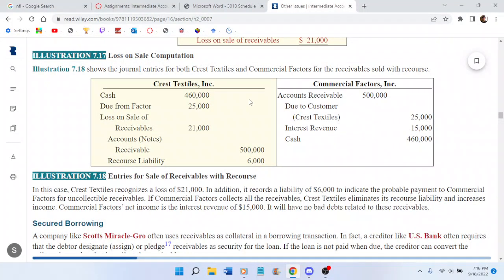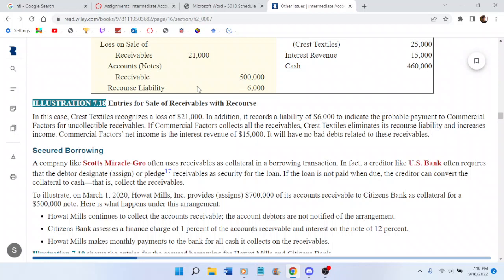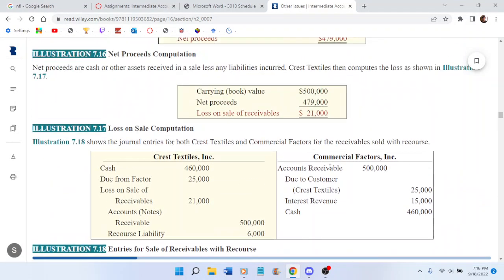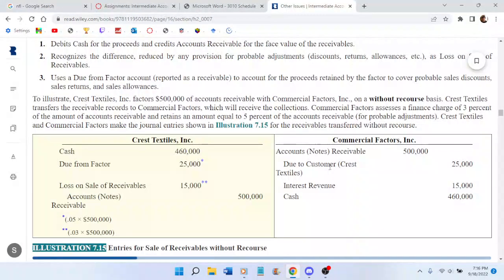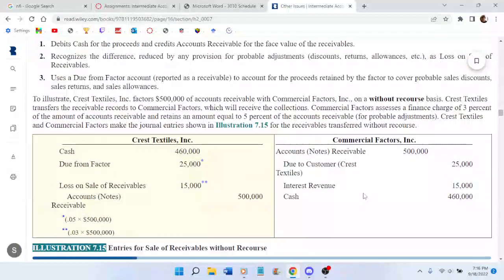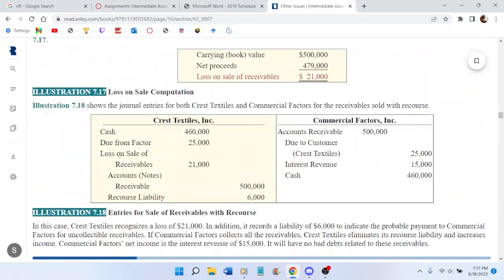Oh my gosh. Their journal entry is exactly the same both times, but this one is different.